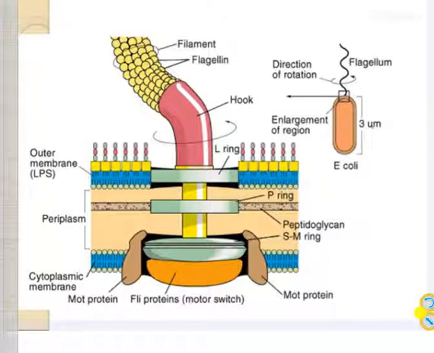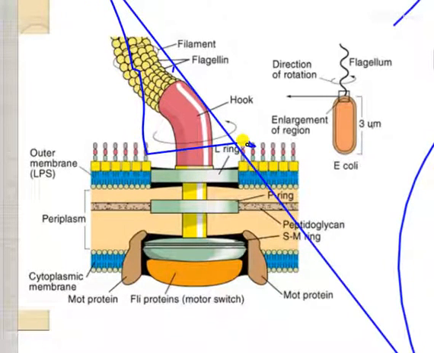So this is also one of the diagrams of a gram-negative bacterial cell flagellum. Here you can see the filament consists of proteins, flagellin. These are the flagellins.